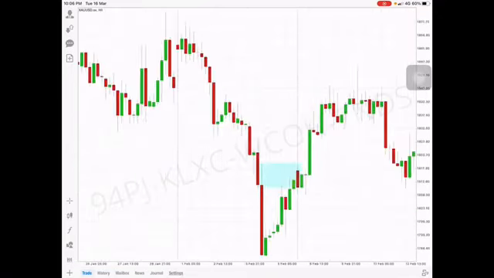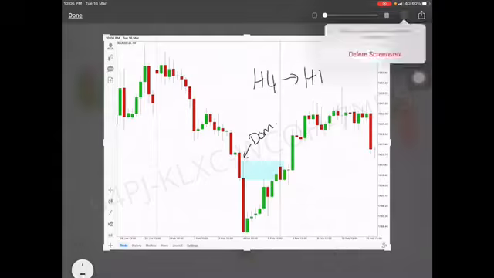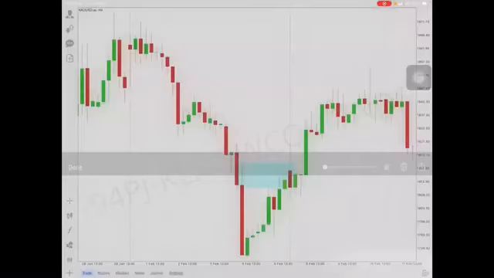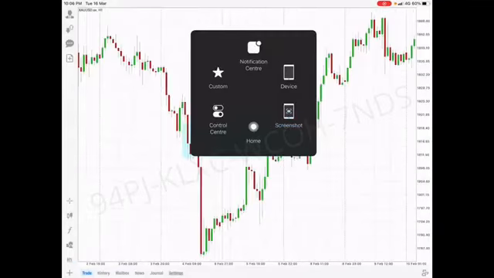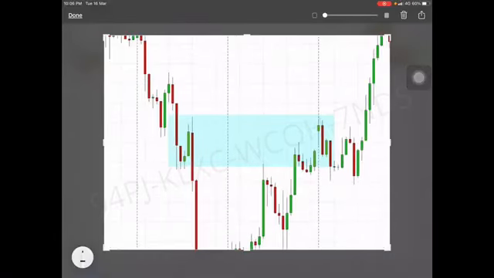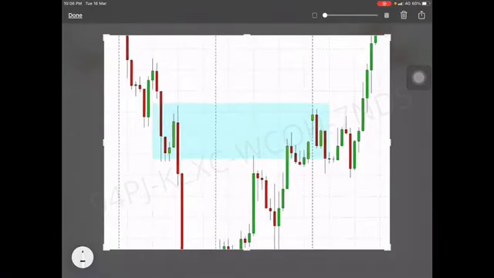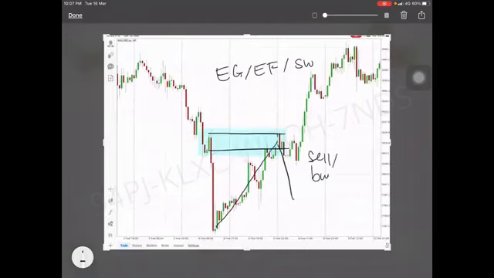So this is your DOM area. Now we are on H4. So where do we go? H1. So we're going to go to H1. Wait, where's the marking? Now, do you see any engulfing or any EF or any sideways in the zone? Do you see any? So this is your engulfing sell. When the price comes here, what are we looking for, sell or buy?